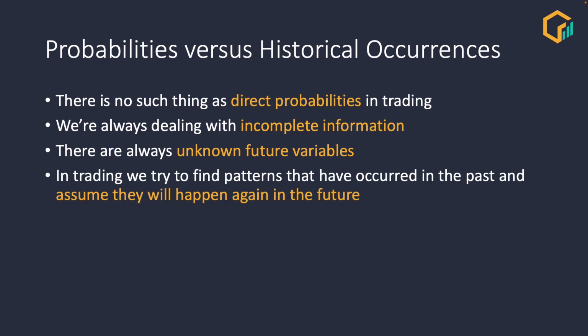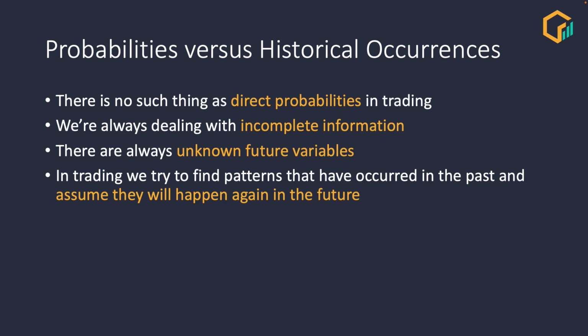What we try to do in trading is find patterns that have occurred in the past and assume they will happen again in the future. This assumption is important. It's not a bad thing, but it is something we must make. We find patterns that happened in the past, or at least the recent past, and say, since this pattern has been happening, we'll assume it will happen again.